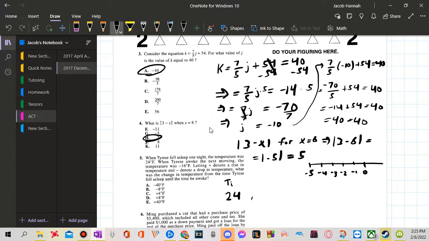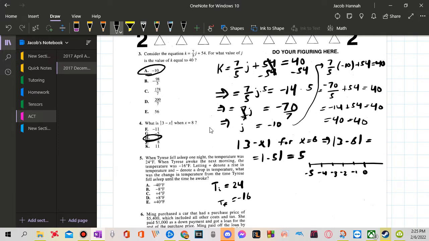And negative 16. Here, let me write it like this. I'm making this a lot more than it is, but thinking more intuitively like this is a lot better. So this is the final temperature that he woke up to.